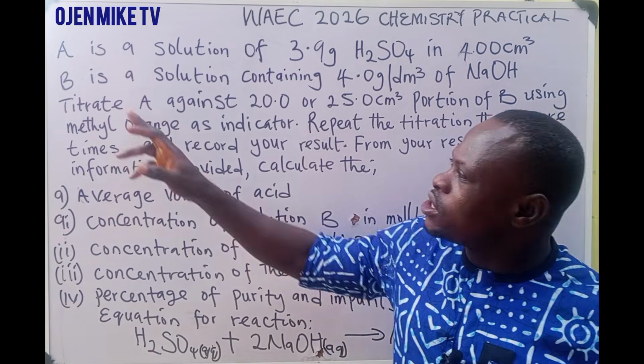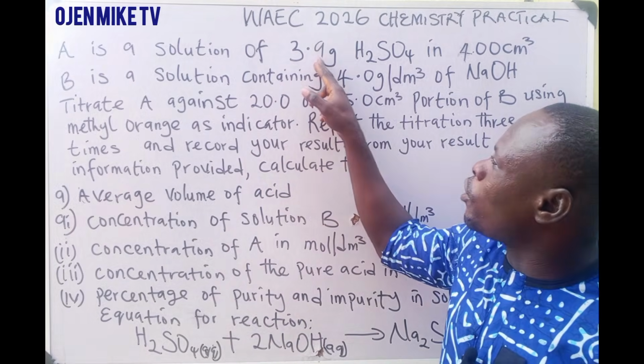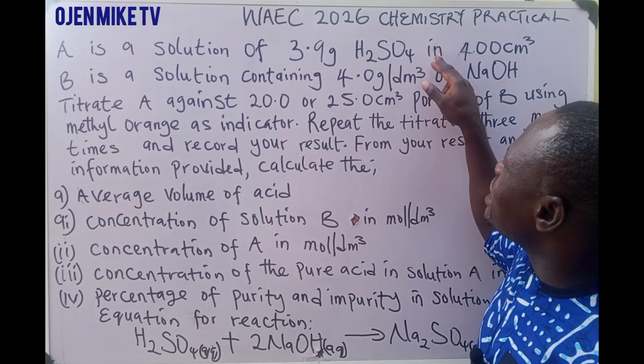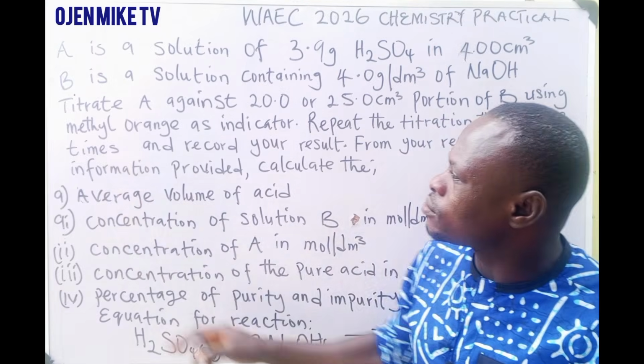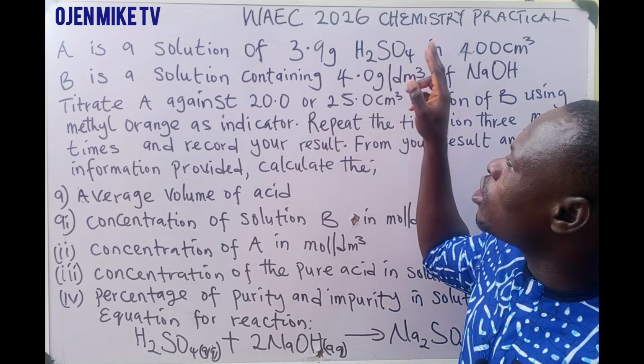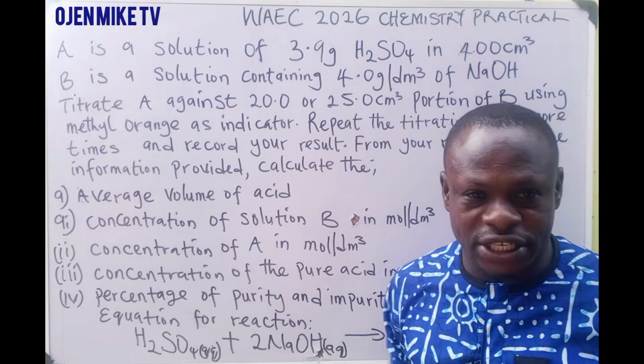Now, the question goes: A is a solution of 3.9 grams of tetraoxosulfate(VI) acid in 400 cm cube. B is a solution containing 4.0 grams per dm cube of sodium hydroxide.